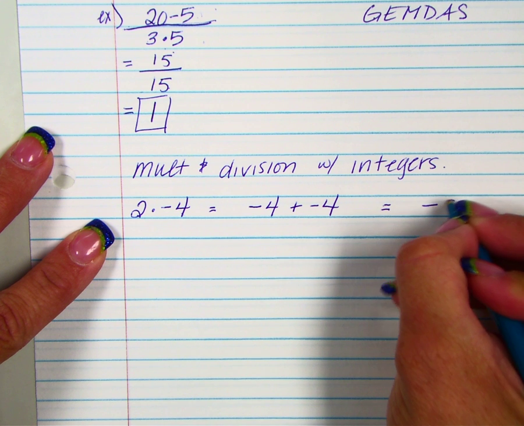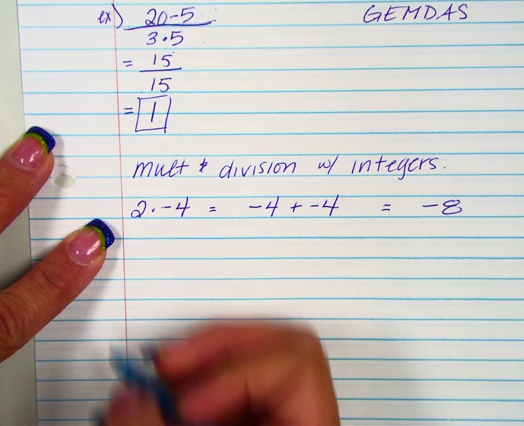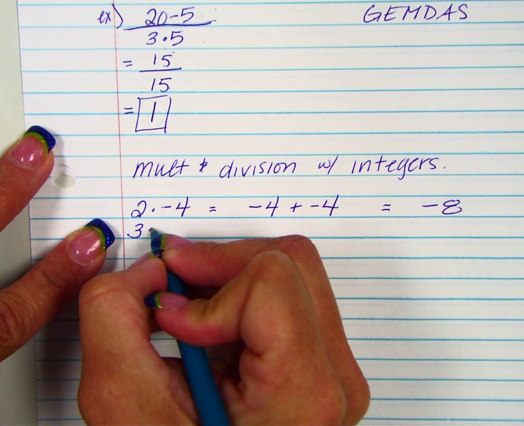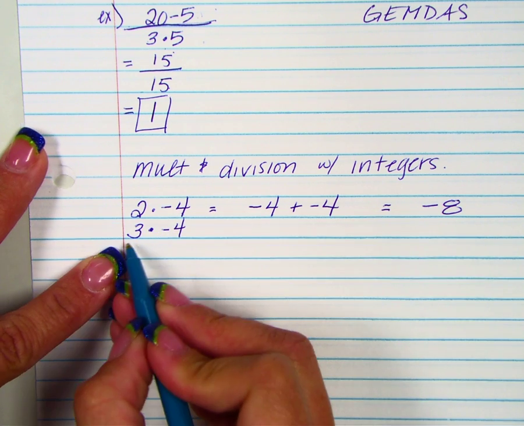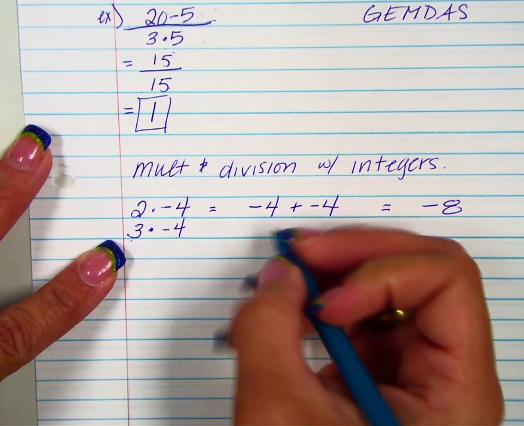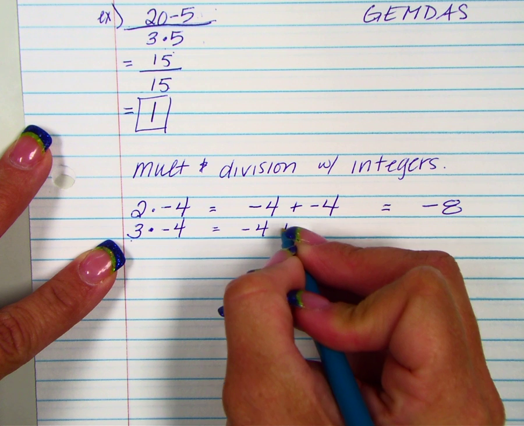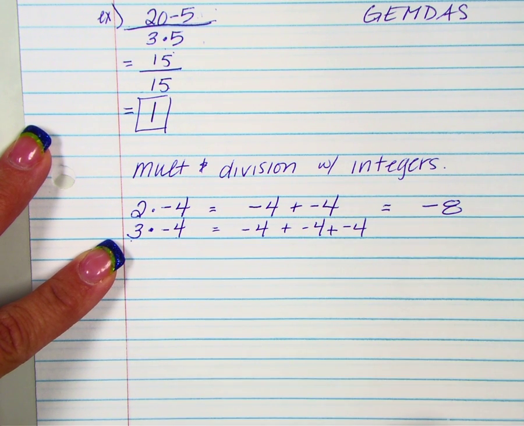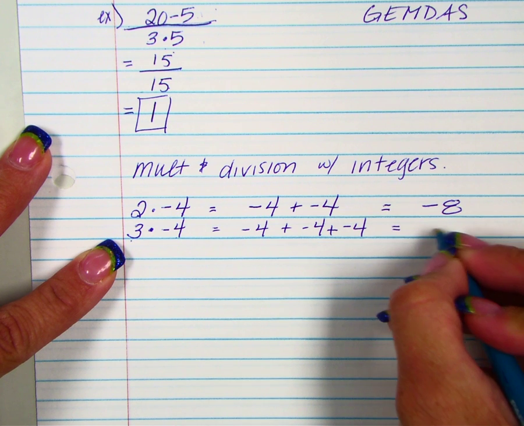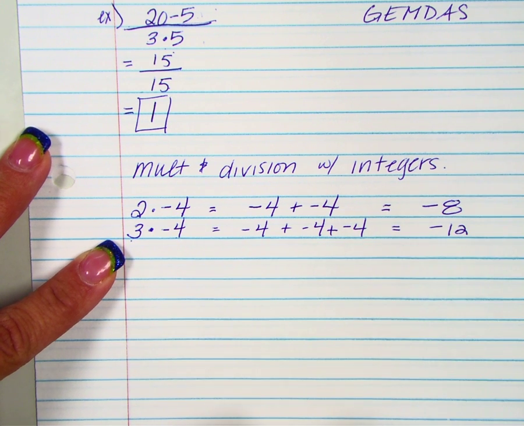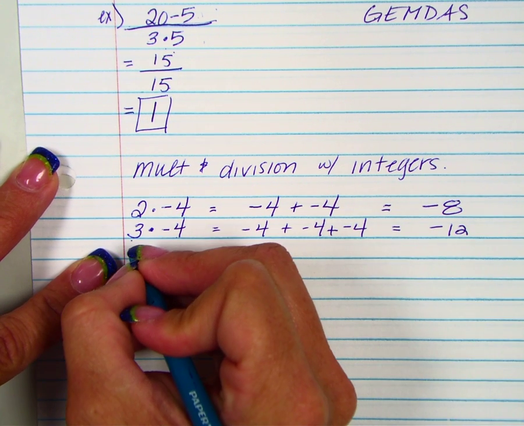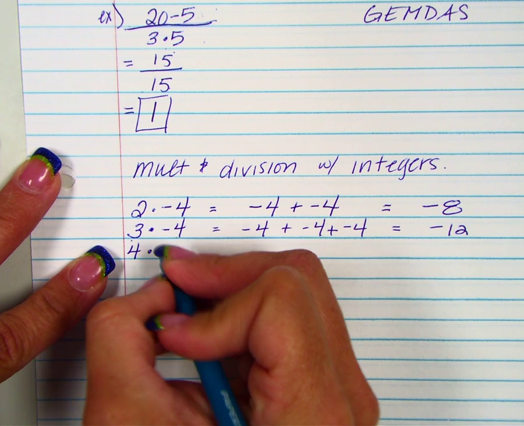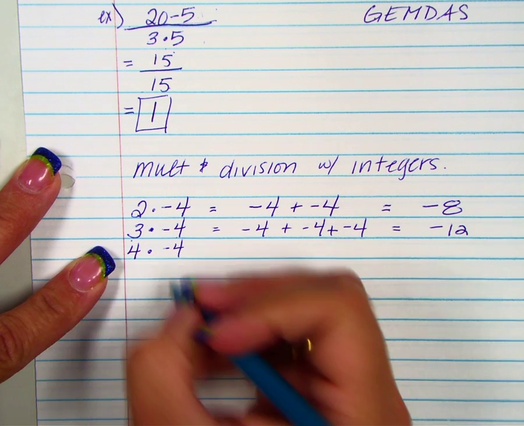And now let's keep the pattern going. Instead of 2 groups, I'm going to say that I have 3 groups of negative 4. So 3 groups of negative 4 looks like negative 4 plus negative 4 plus negative 4, which equals negative 12. Okay? And 4 times negative 4 is 4 groups of negative 4.